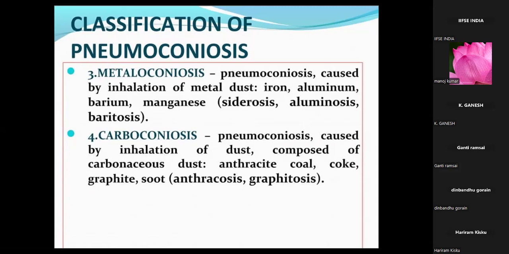Then carbonoconiosis is the disease caused by inhalation of carbonaceous dust. Carbonaceous dust can be wood or anything, coke, graphite, soot, and anthracite coal. This is mostly prominent in the coal mine region of the industry.